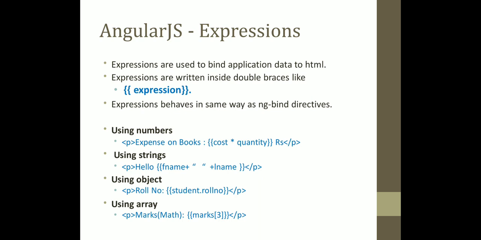So the expressions are nothing but the JavaScript code snippets that are inside the binding. And how do we define the binding with ng-bind directives? They behave similar to ng-bind, that is, ng-bind is equal to the expression.